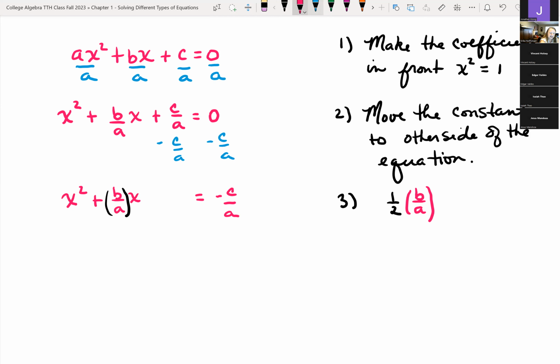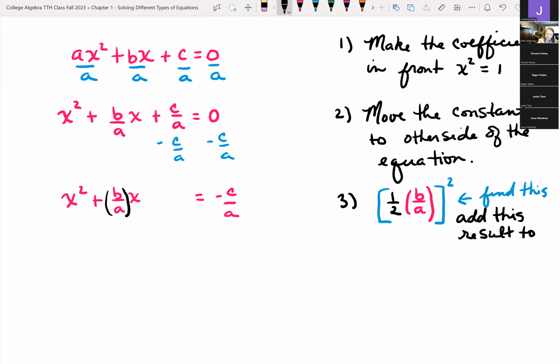We want to take that value and then square it. And we're going to add this result to both sides of the equation. Do something to one side, we've got to do it to the other.